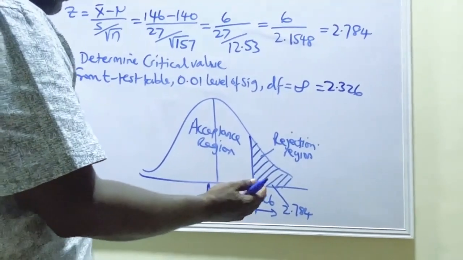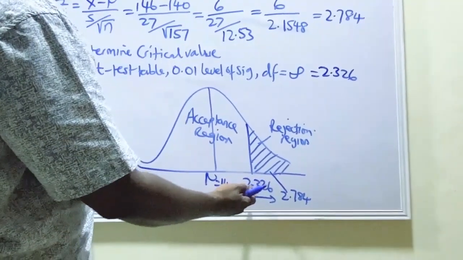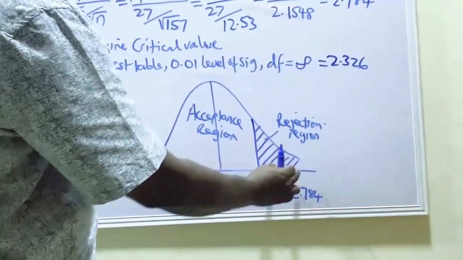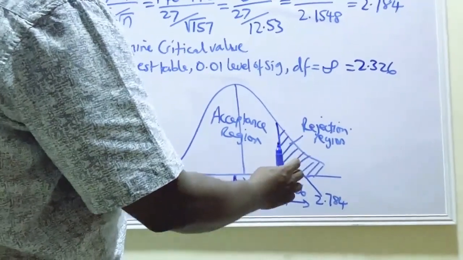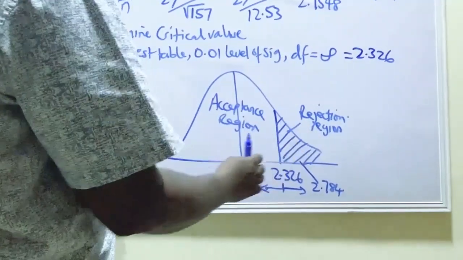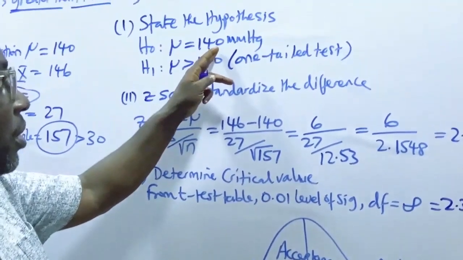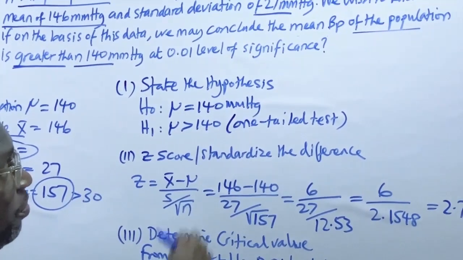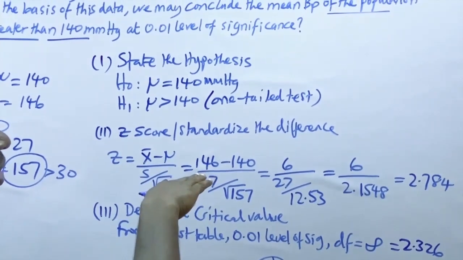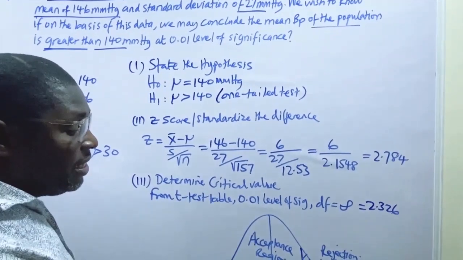So what decision are we going to take? Since 2.784 is greater than 2.326 and falls within the rejection region, we are going to reject the null hypothesis that says that the BP of the population is 140. We are going to reject that to say the BP is actually greater than 140.